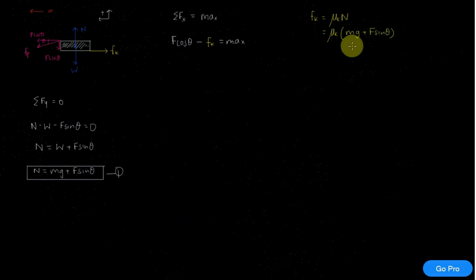If we pause there for a second and just try and make sense of this, it's saying that the frictional force is equal to the coefficient of friction times mg plus f sine theta. The normal force, conventionally, when I just push in a straight line instead of at an angle, means that it's just mu mg. So what does this plus f sine theta mean?